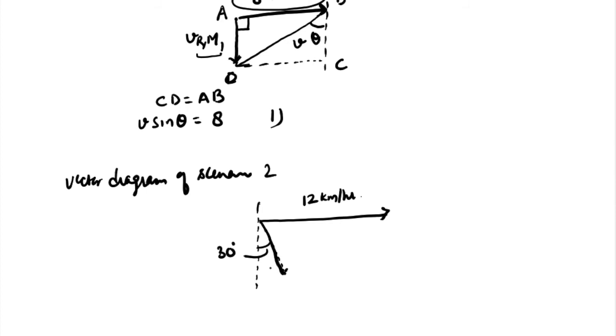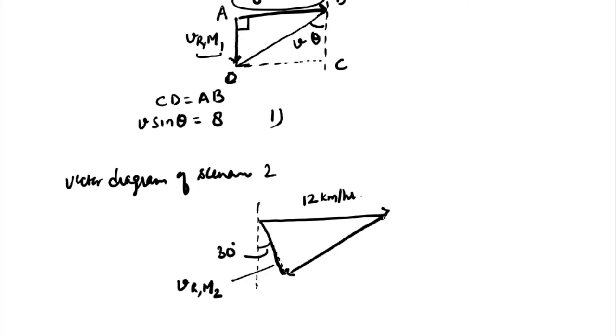And this vector is the velocity of rain with respect to man in the second scenario, and this will be different than Vrm1 in the first scenario. And if we complete the vector diagram, the speed and direction of the rain with respect to the ground is not changing, it's still the same.